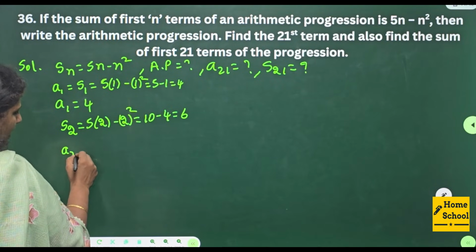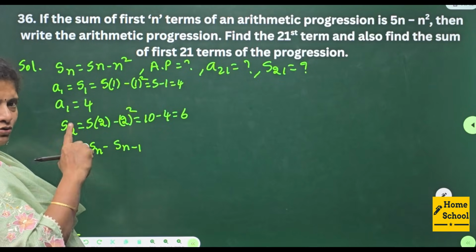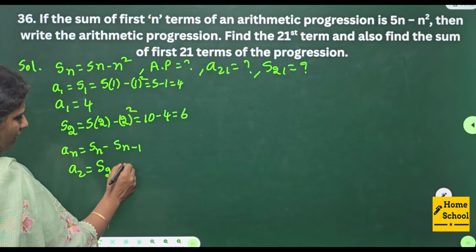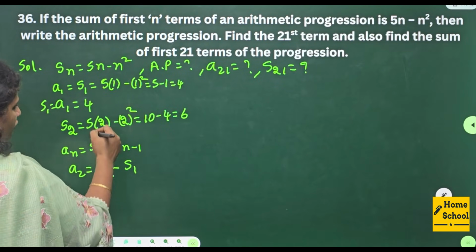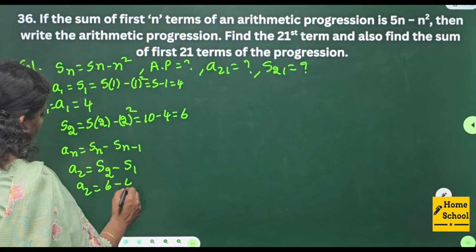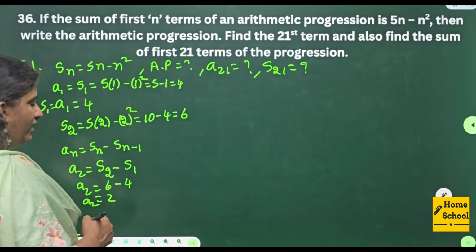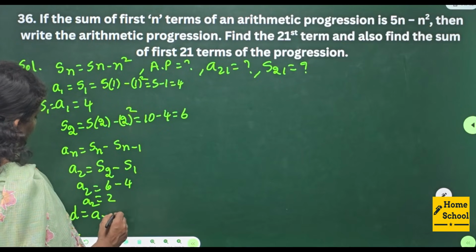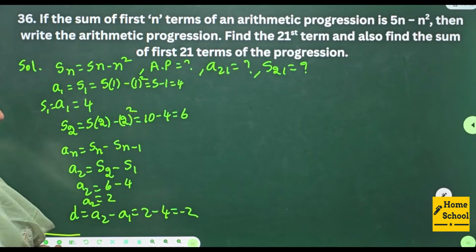We know the formula An is equal to Sn minus Sn minus 1. I know A1. I need to find A2. A2 means what? S2 minus S1. We know S1 is 4, S2 is 6. A2 is 6 minus 4, that will be 2. Right? So if you know A1 and A2, can't you find D, the common difference? D is equal to A2 minus A1, that is 2 minus 4 equal to minus 2.